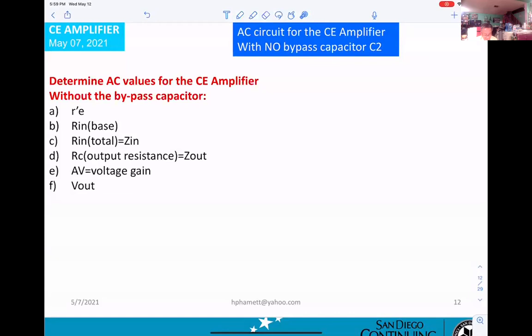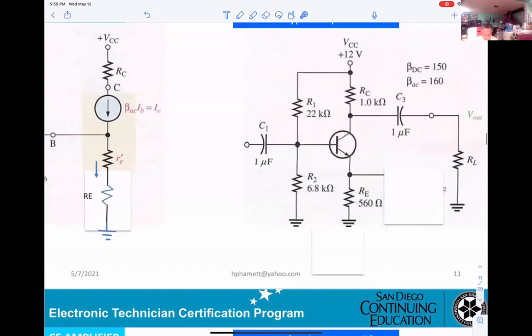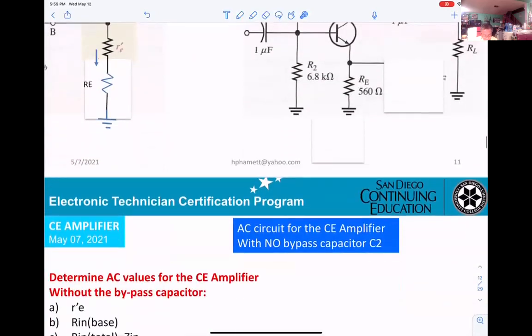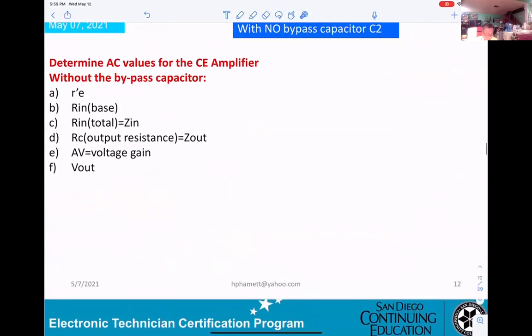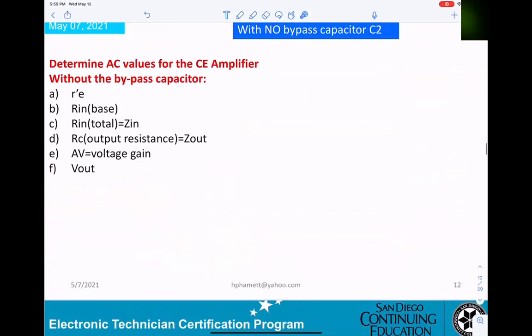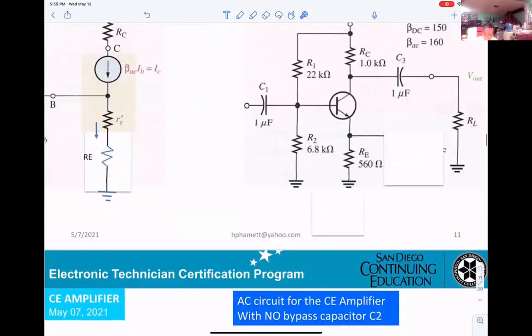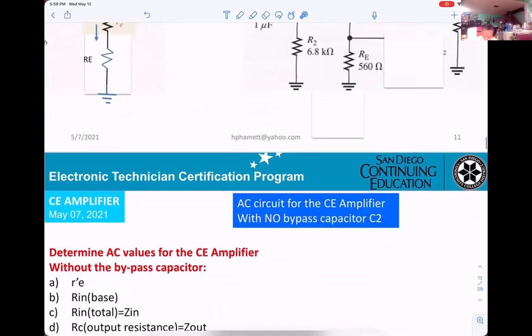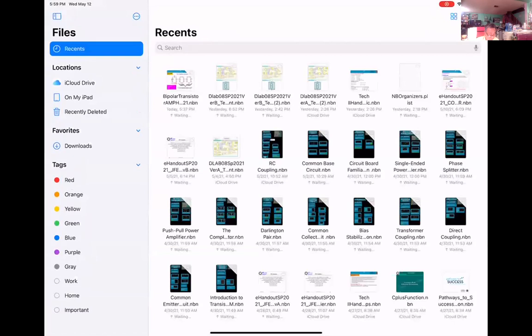Quickly tell me. Which circuit is that? That's the circuit here, right? Oh, that one right there. Okay.